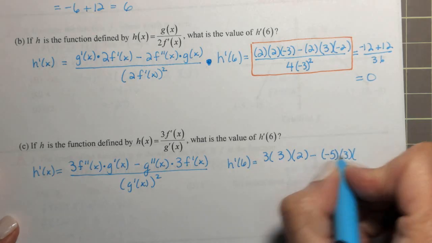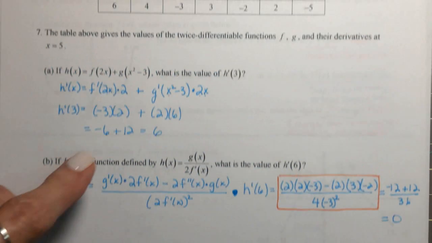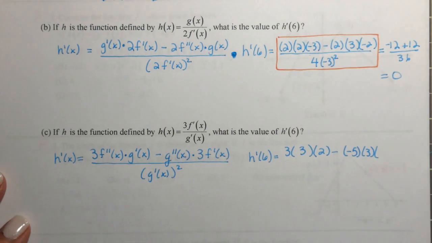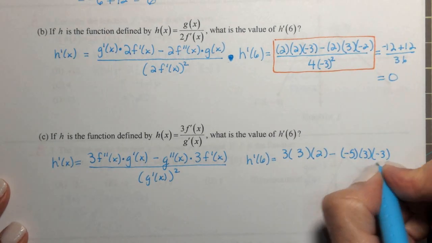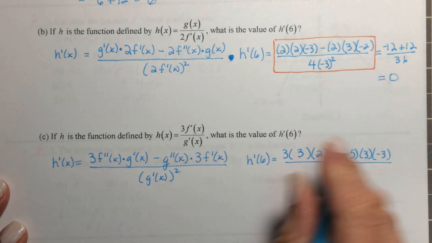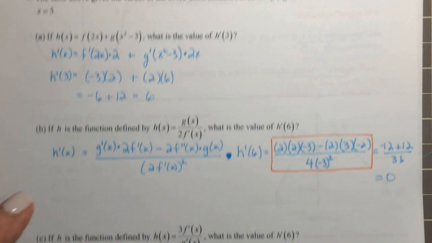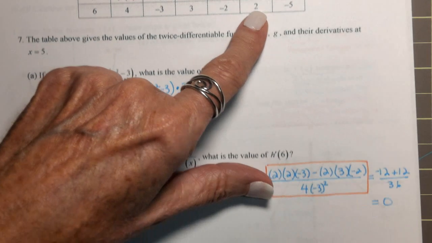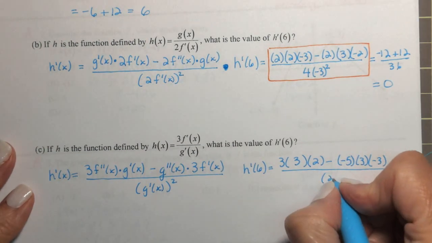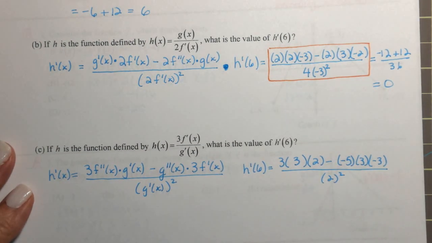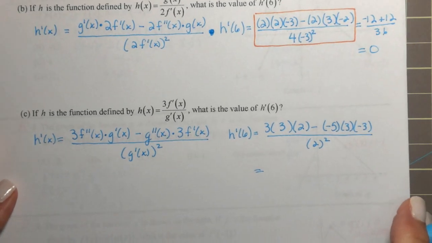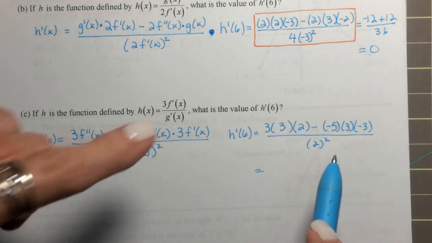Times 3 times f prime of 6. f prime of 6 is negative 3. Divided by g prime of 6 squared. g prime of 6 is 2. That would be a safe stop spot. And clean this up in the case of a multiple choice question.